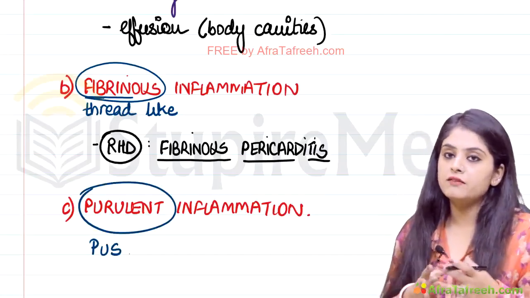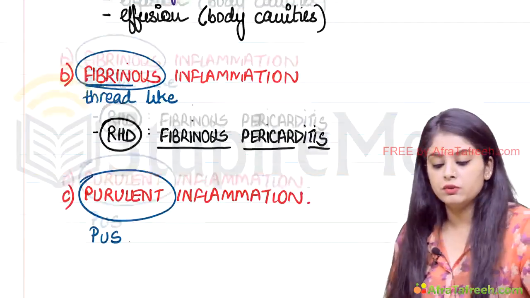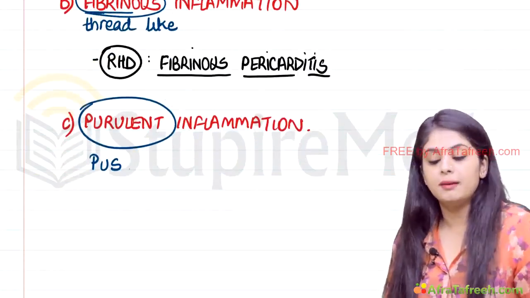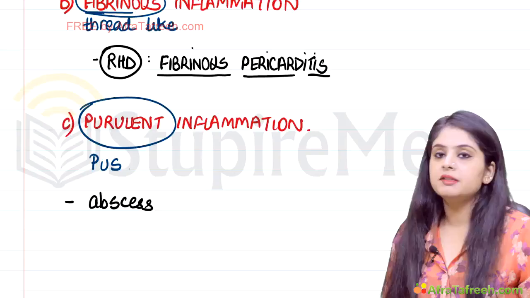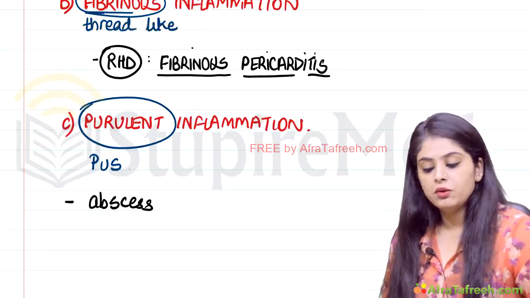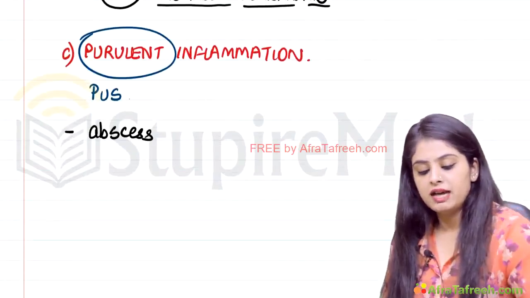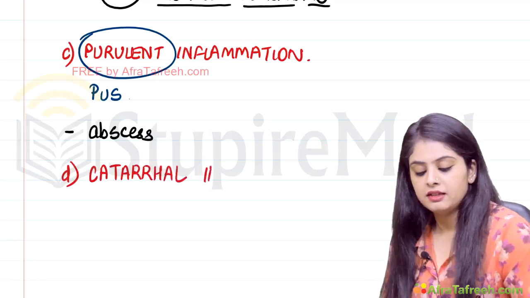Now everyone can visualize that pus means purulent inflammation, and we do not need to focus too much on the examples, but remember that pus will be seen in conditions like abscess. Simple to remember, purulent means pus. The fourth and the last one, students, that we have is the one with a slightly more fancy name, catarrhal inflammation.